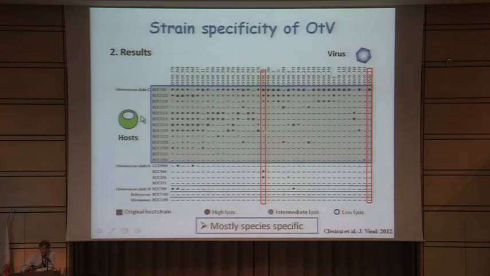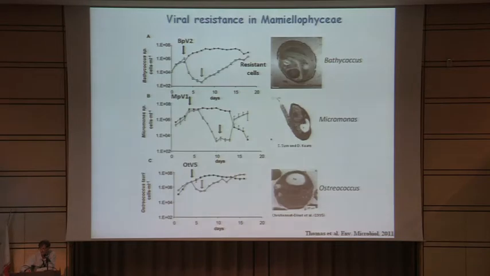A second phenomenon that we observed in parallel, and more or less linked to specificity, is the appearance of resistance in different cultures. This was observed on different clonal strains of the host.